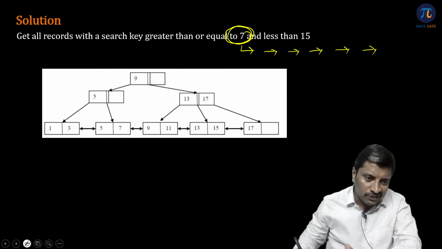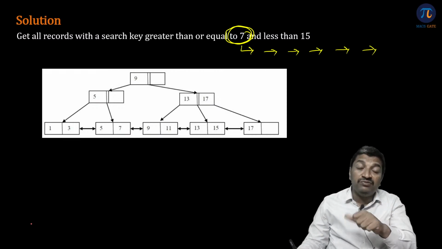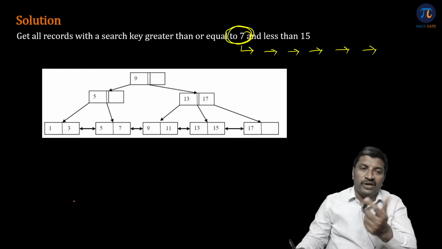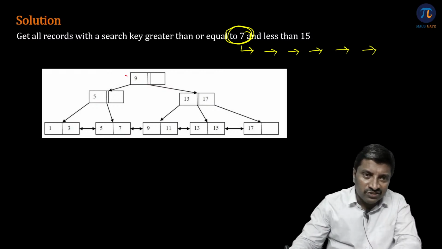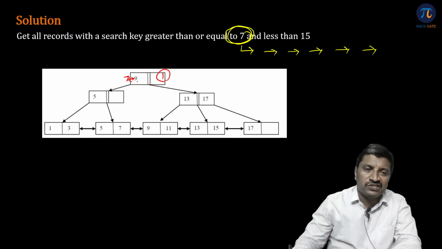Now the first question is to get the record of 7. That means to get the node in which 7 is present. How many node accesses? First I compare 7 with 9. So one comparison, sir. Let me write like this. So we compare 7 with 9. It is less than, so I move to here.